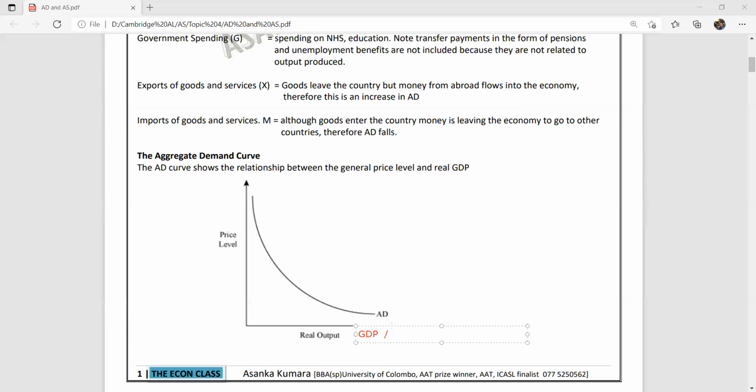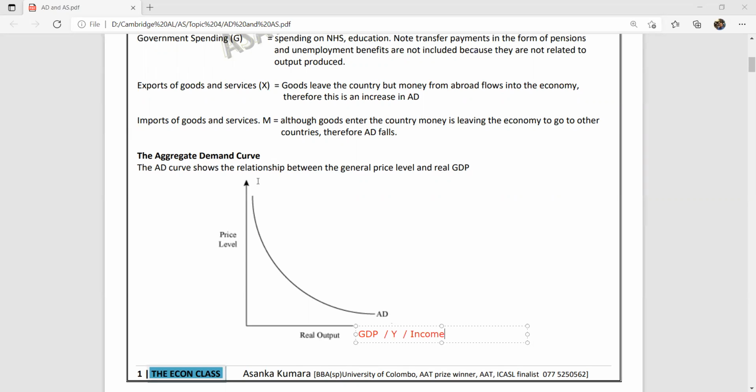Sometimes Y or else income. Different terms can be seen. Whatever the term mentioned here, it represents a similar idea of a country's GDP or output. Later on, we will identify what the meaning of GDP is.